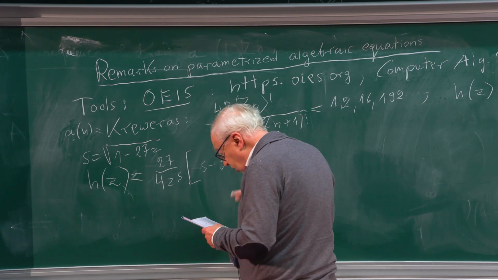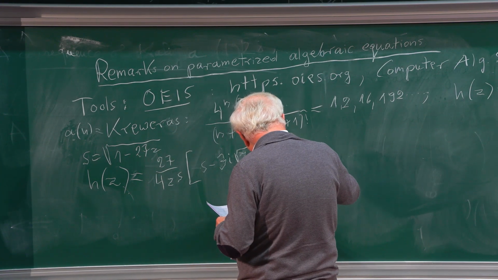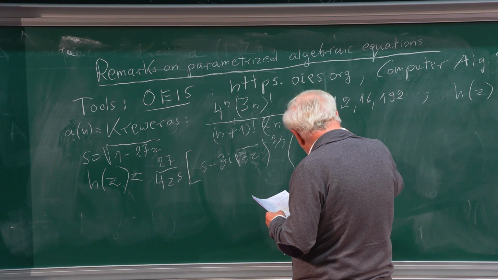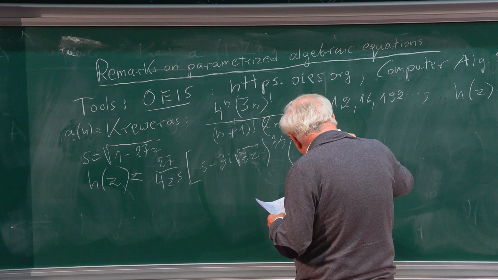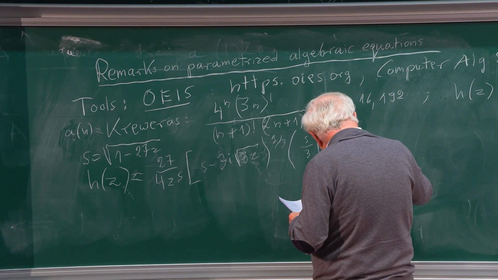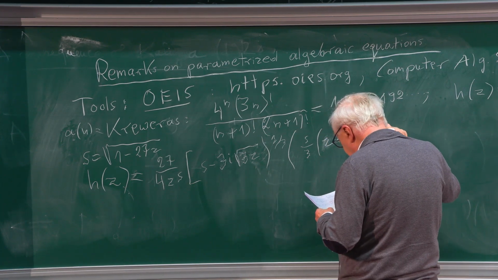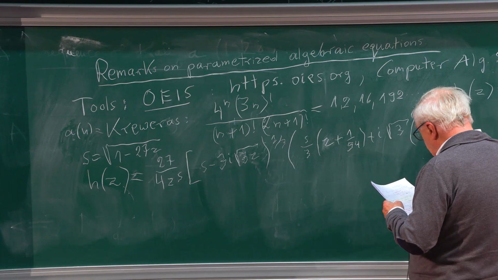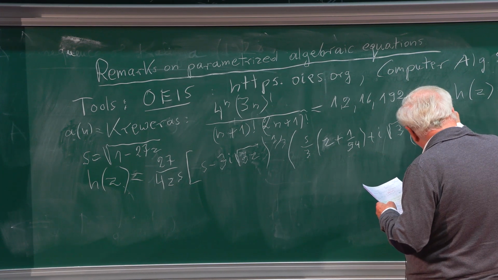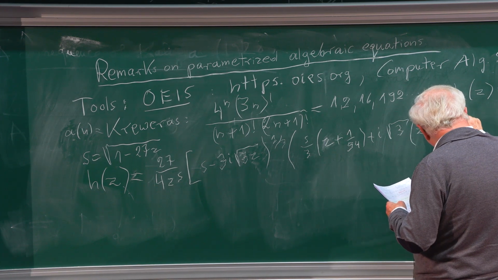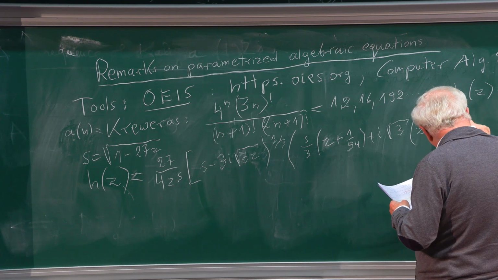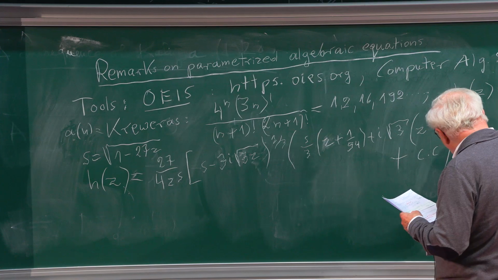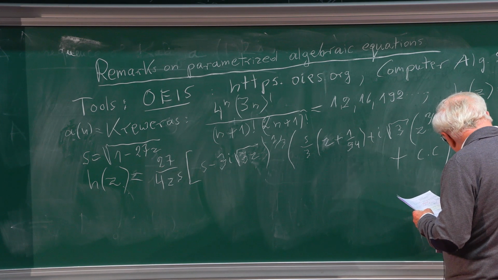Sorry, I have a tendinitis. 2/3 S of 3 z plus 1/54 plus i square root 3 z 2/3 minus square z 27 plus complex conjugate minus S 81.